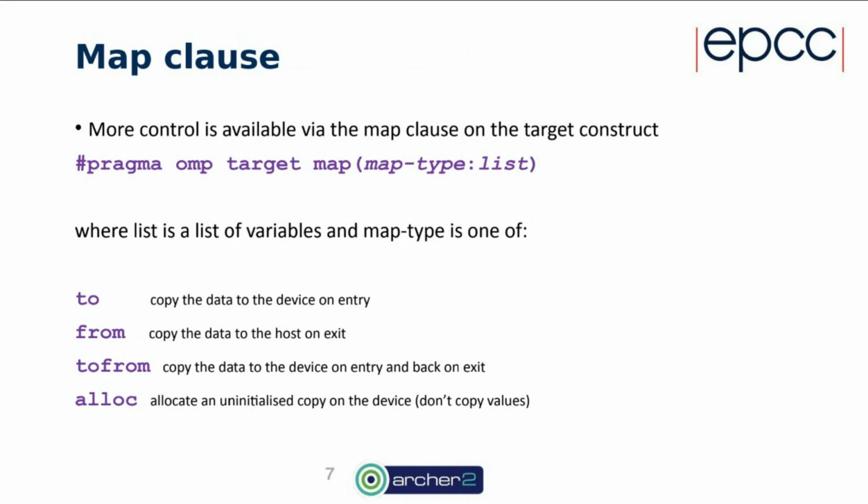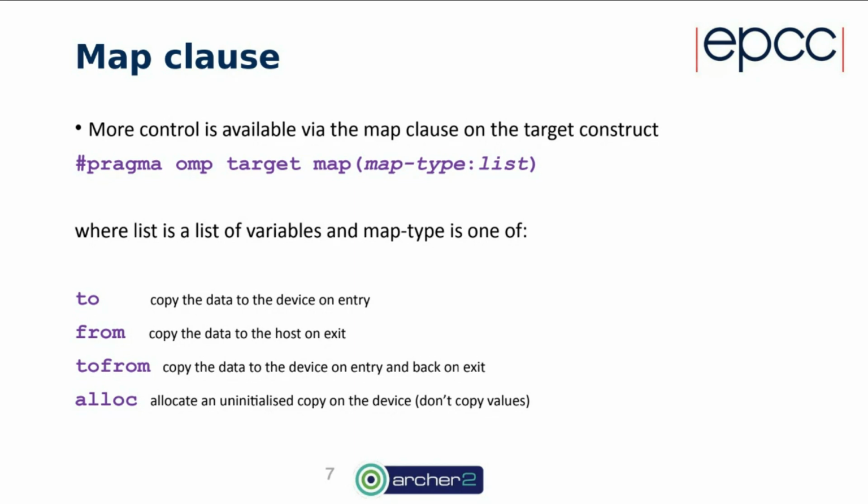The way you get full control is through the map clause on the target directive. You can have different options here. You can have map to, which copies the data to the device on entry to the region. You can have map from, which copies the data back from the device to the host on exit.